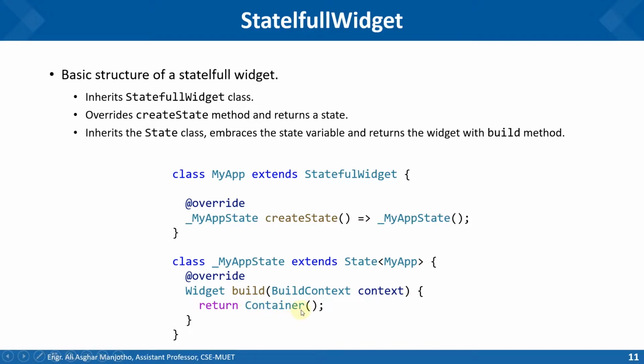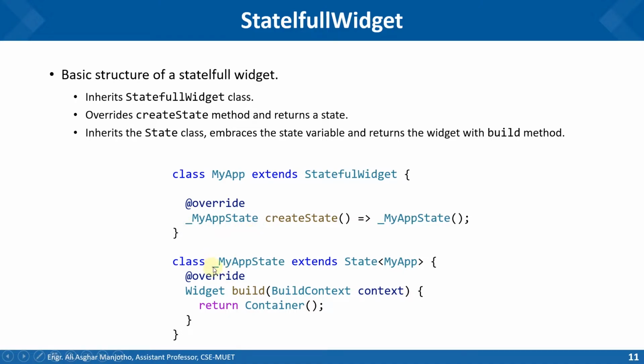So you have to provide the widget tree which will be rendered whenever this widget is constructed. And you may note one more thing: some of the variables or identifiers have an underscore in front of them. In the Dart language, an underscore in front of any identifier makes that identifier private.